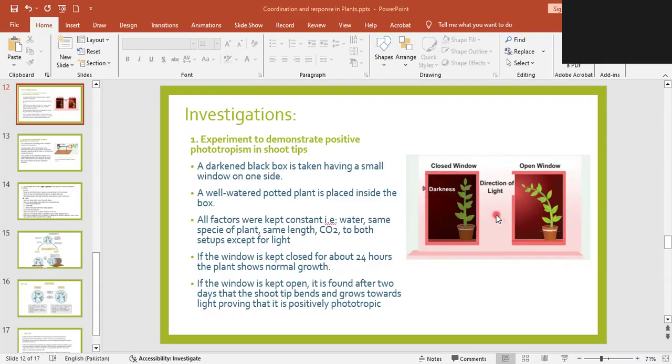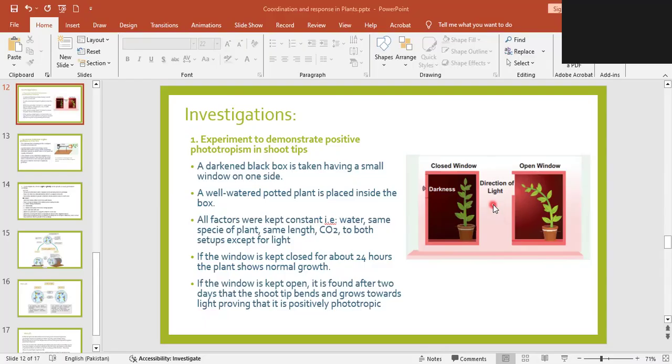What you are actually studying is the direction of the light. That is the independent factor, and your dependent factor is how the plant responds to it. If you see any change in the direction of plant movement or growth, it means that yes, there is an effect of light. So that is the dependent factor.